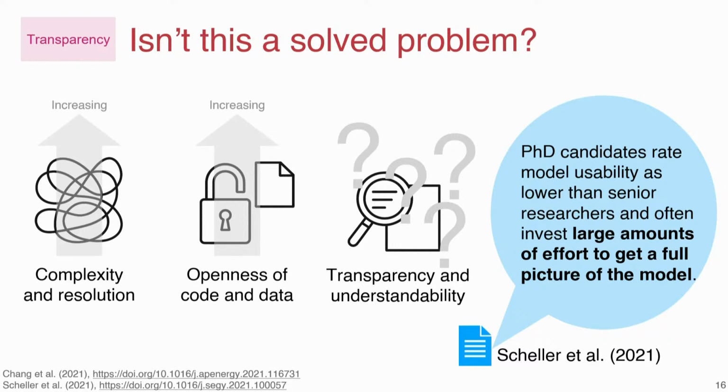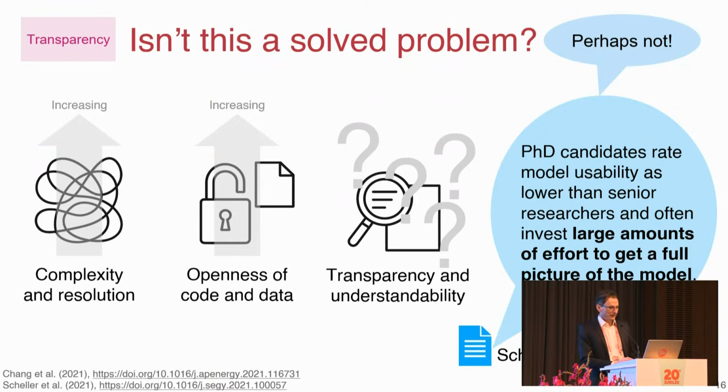Now, if even a PhD candidate finds it hard, where the supervisor, who probably built the model to begin with, is probably sitting next to them, how then are people even further away from this modeling activity supposed to really make sense of it, within the attention span and the resources they have to actually do that? So perhaps this is not a solved problem quite yet.